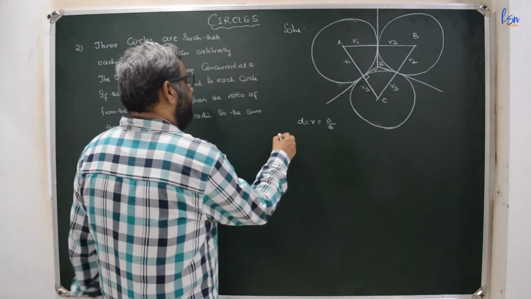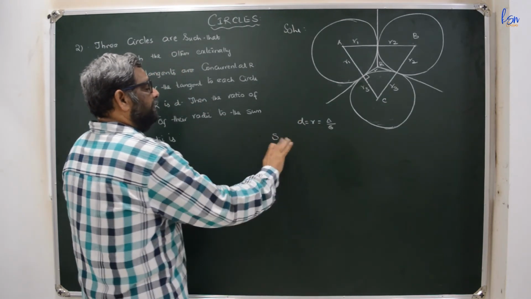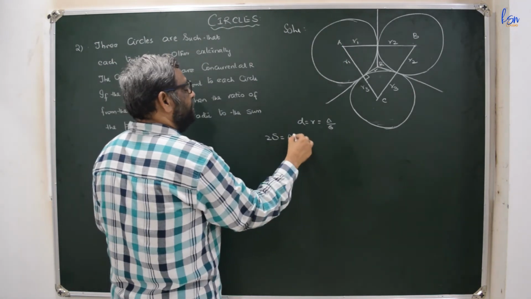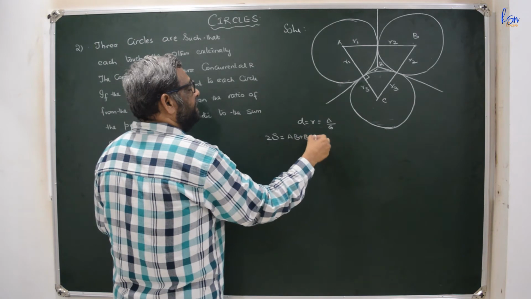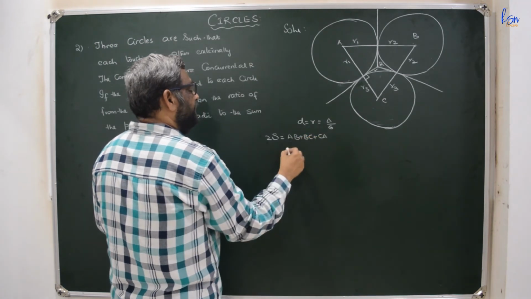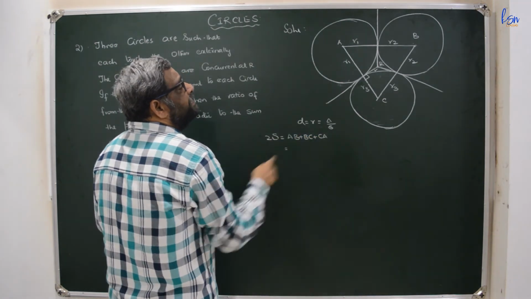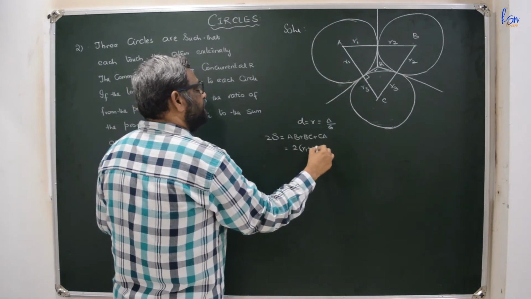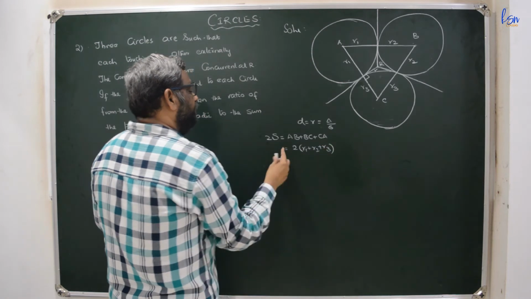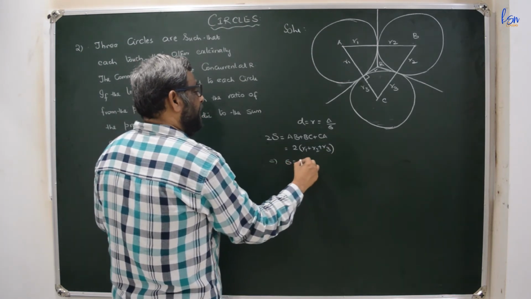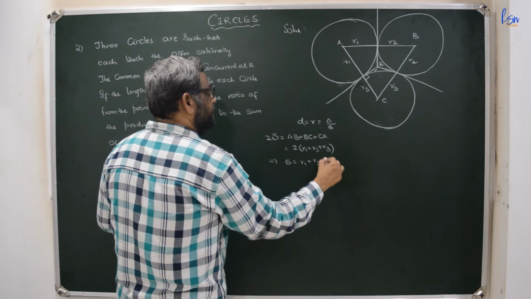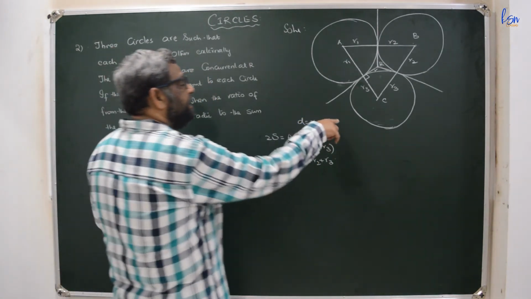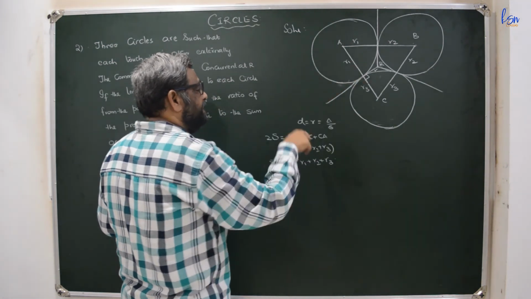Where 2S is equal to the sum of the sides AB plus BC plus CA. This is equal to R1 plus R2, R2 plus R3 and R3 plus R1. So 2S is 2 into R1 plus R2 plus R3, so S is equal to R1 plus R2 plus R3. Now delta is the area of the triangle ABC.